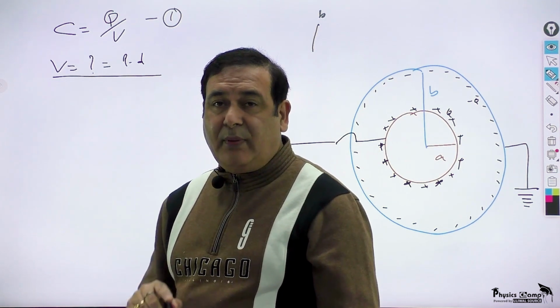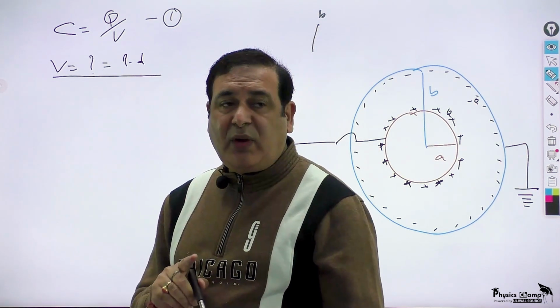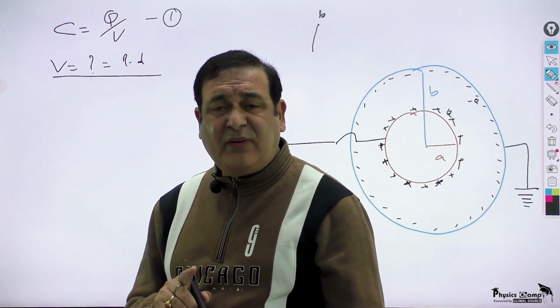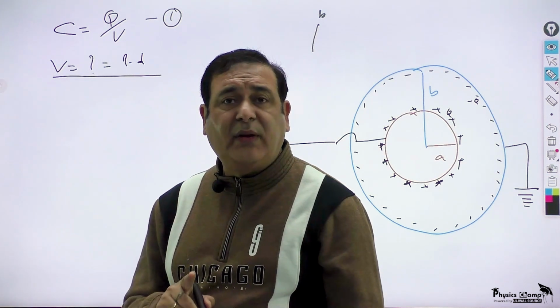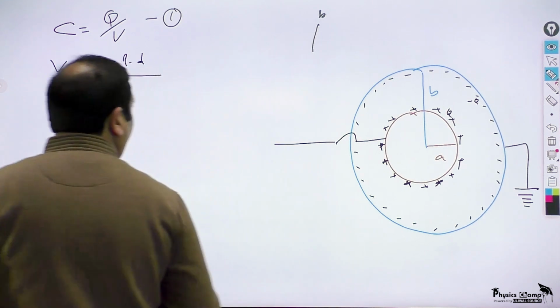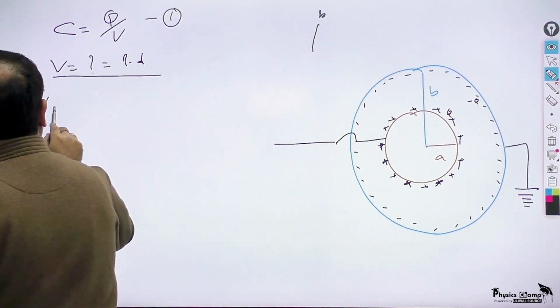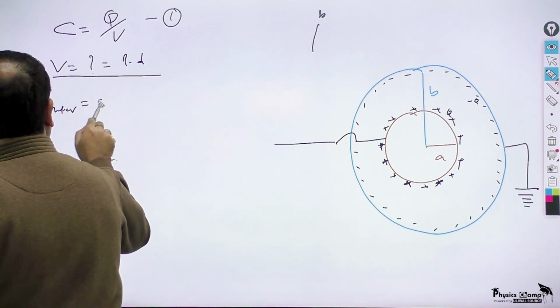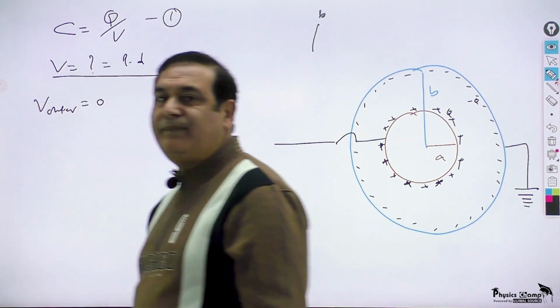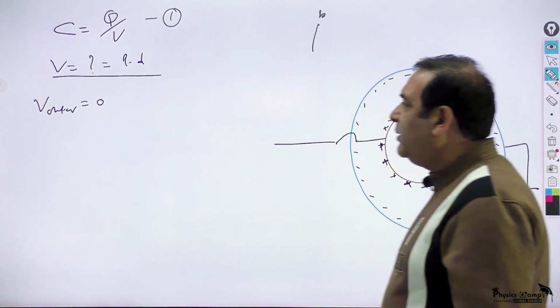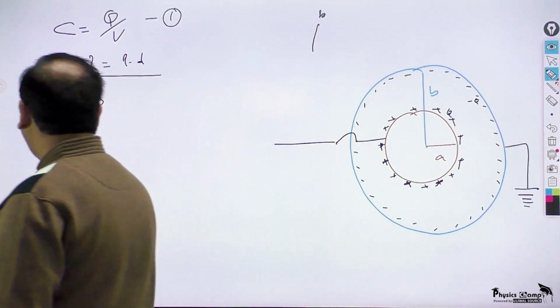If you can recall what you did in Gauss theorem, a surface which is connected to earth will have a final potential 0. So if I say what is potential on outer shell, you say it is 0 because it is earthened. But then what is potential on inner shell?